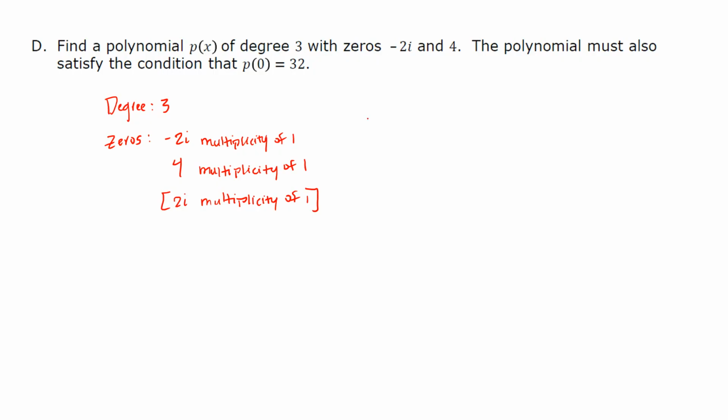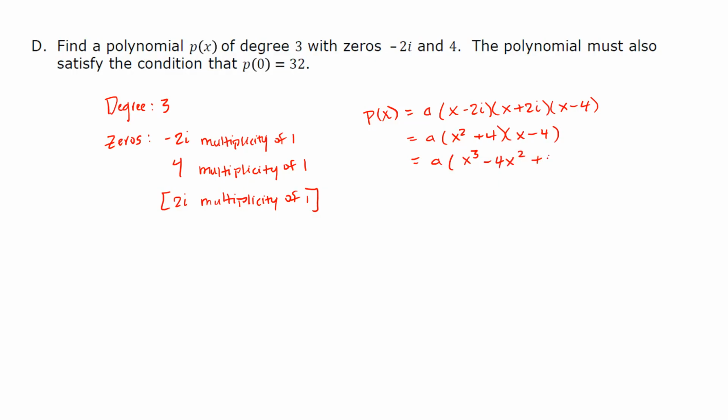Okay? So let's find the standard form of p of x. So that will be a times the product of its linear factors, x minus 2i, x plus 2i, and x minus 4. So multiplying the linear factors with i, we'll get x squared plus 4, which we would then need to FOIL with x minus 4, which would get us x cubed minus 4x squared plus 4x minus 16.